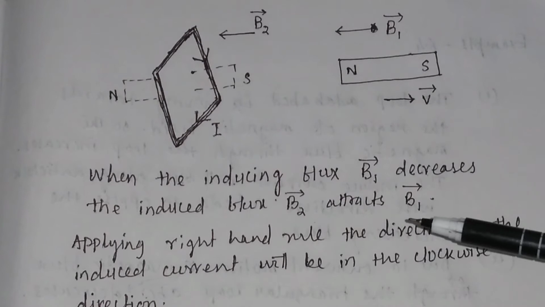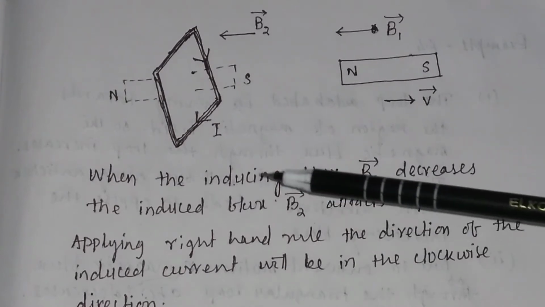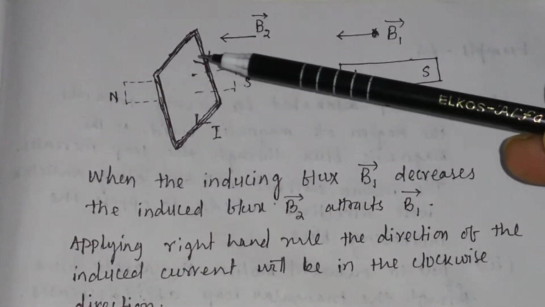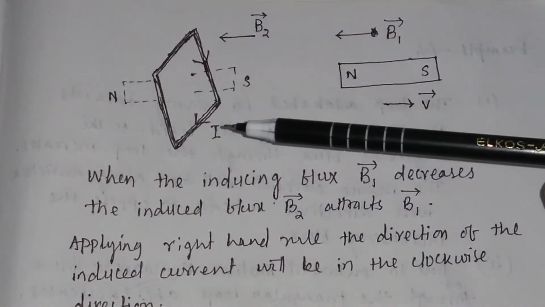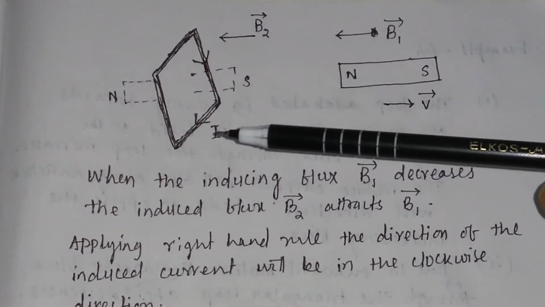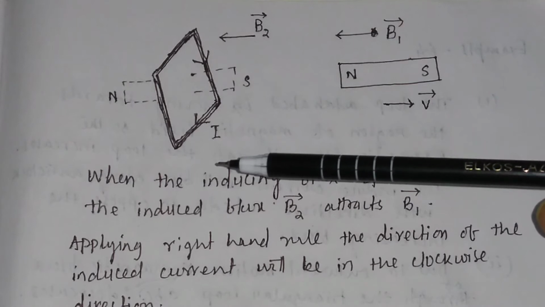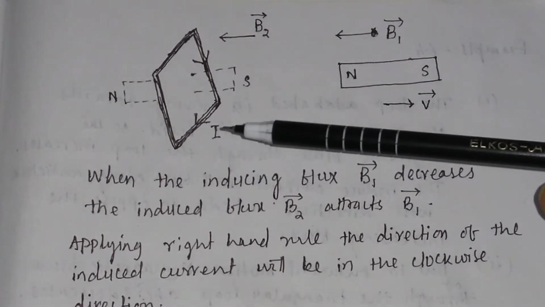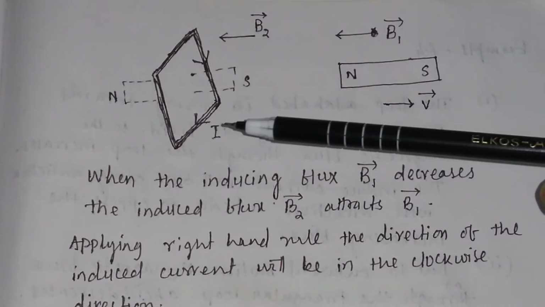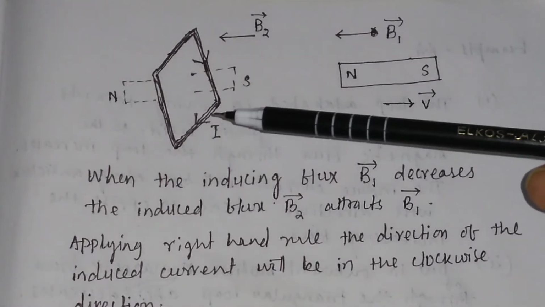What will happen if an open circuit is used? Suppose this circuit is not closed, it is open. What will happen if an open circuit is used in place of a closed loop? In this case also, the EMF is induced across the open ends of the circuit.